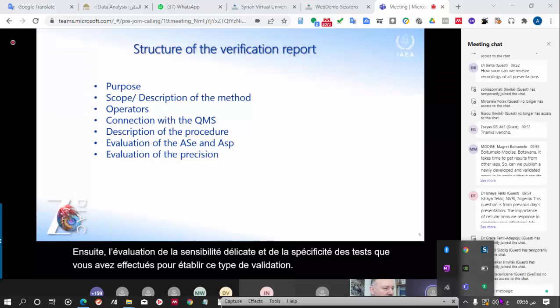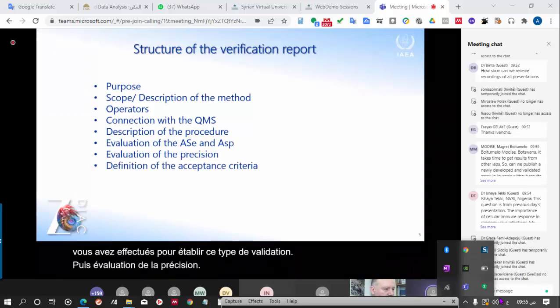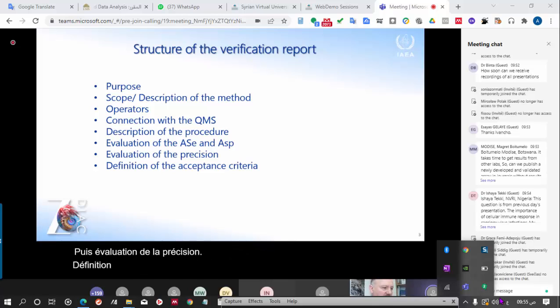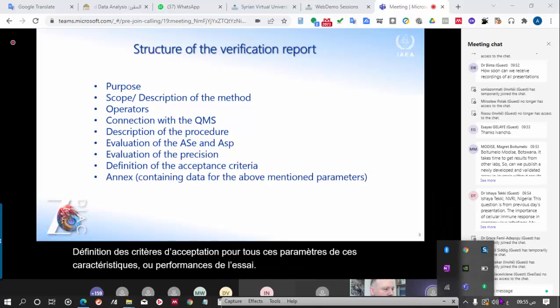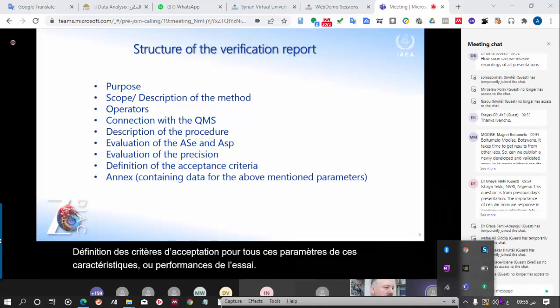Then evaluation of the precision, definition of the acceptance criteria for all these parameters, these characteristics or performances of the assay. Next, in the annex, after you describe all these elements, you should put the real data obtained during the study.